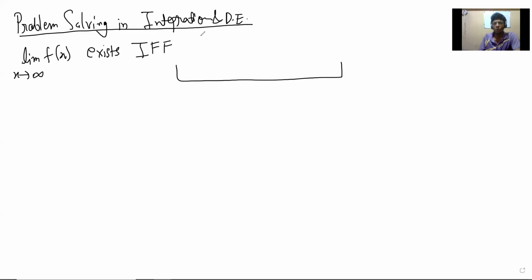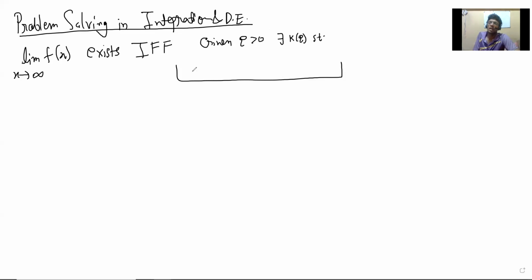So there was this criterion: given epsilon greater than 0, there exists k, which depends on epsilon, such that, and this is a very useful lemma, I think.